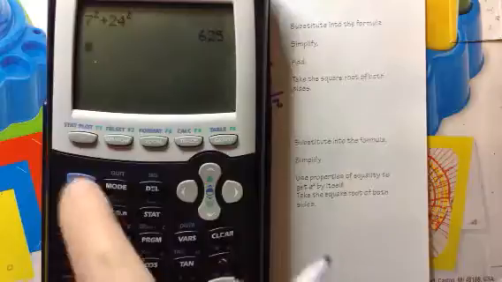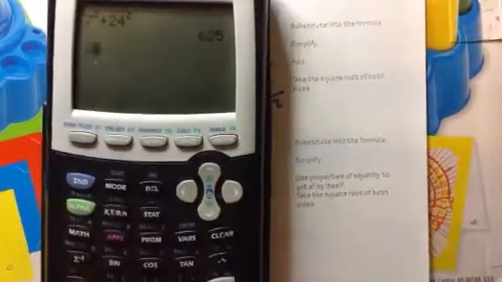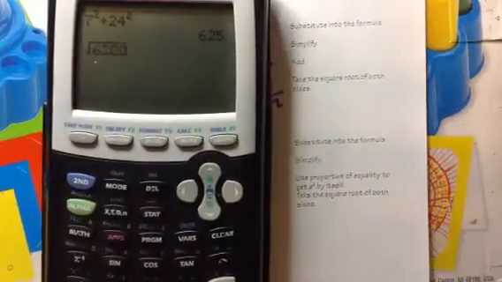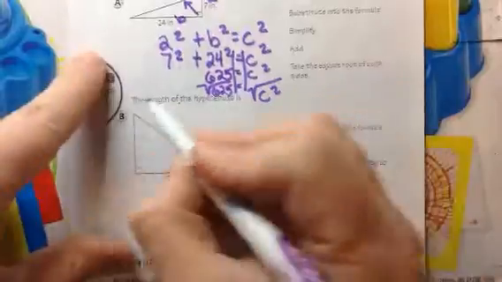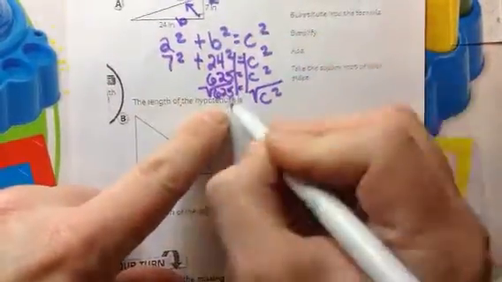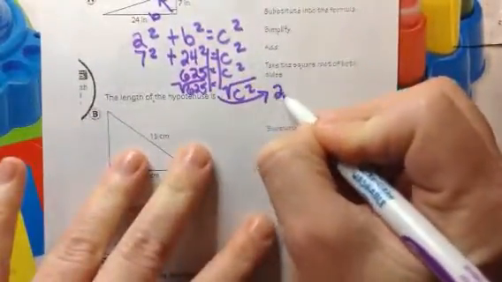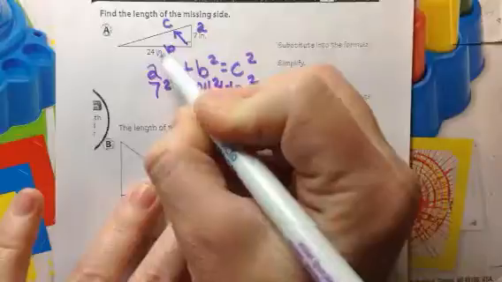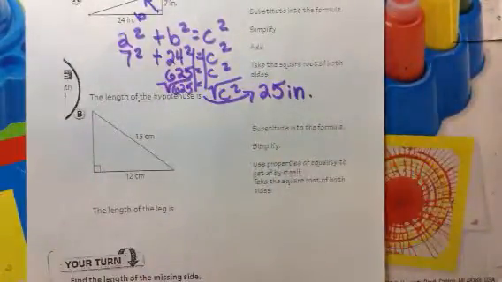I'm going to hit the blue button where it says x squared and type in my 625, enter. I get 25. So the length of the hypotenuse, because I was missing the longest side, is 25, and this had inches. I'm going to put it on there, just like that.